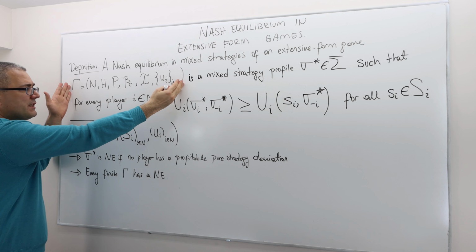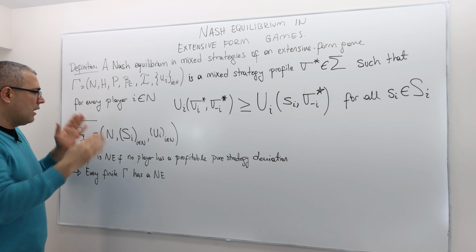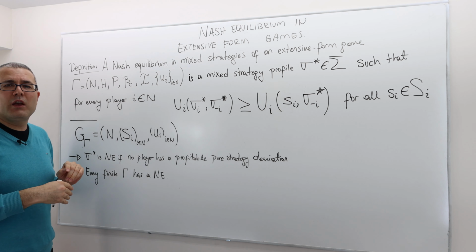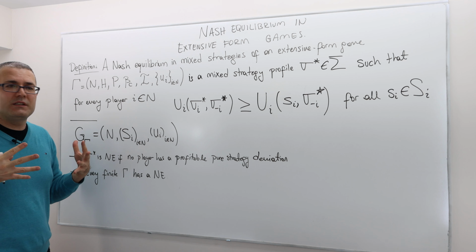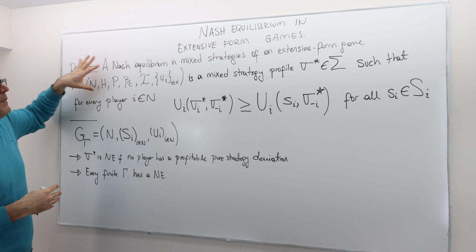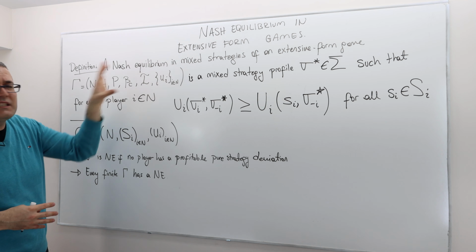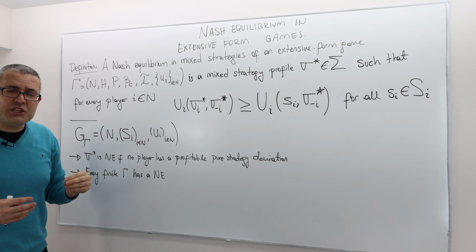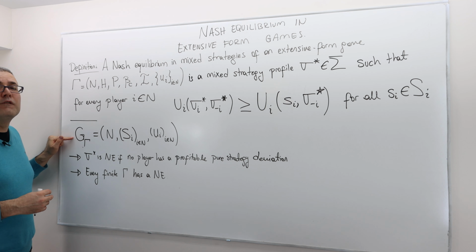So from this game, I can reduce it down to something much simpler: just the set of players, their strategies and their payoffs. This is what's called a normal form representation. So a mixed strategy Nash equilibrium of an extensive form game is in fact a mixed strategy Nash equilibrium of its normal form version.